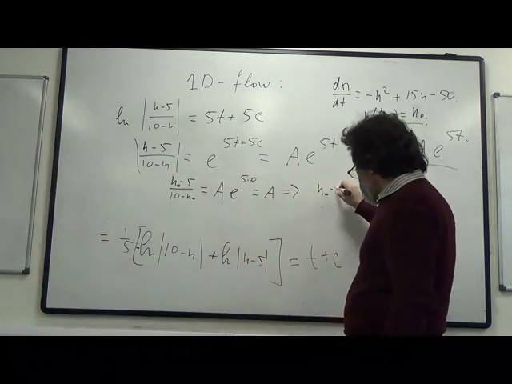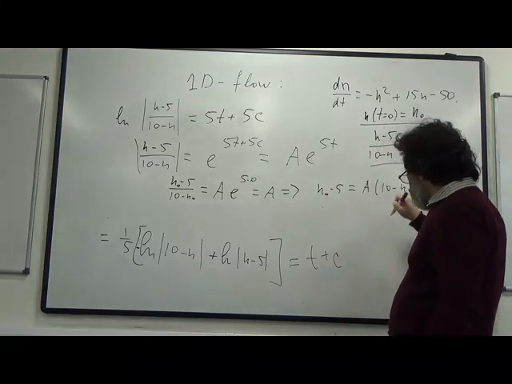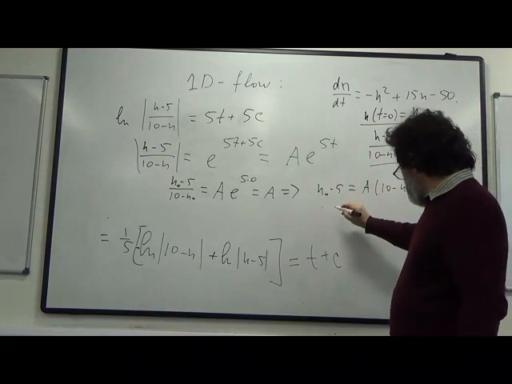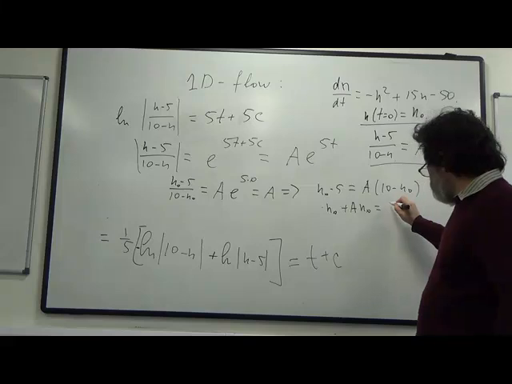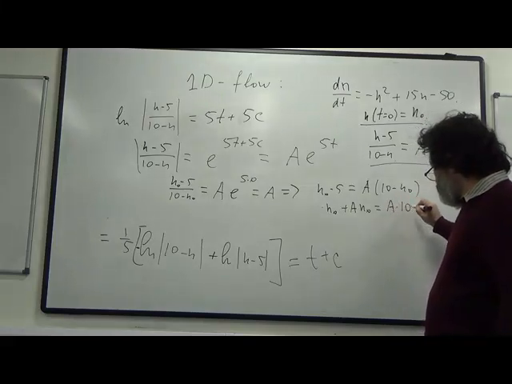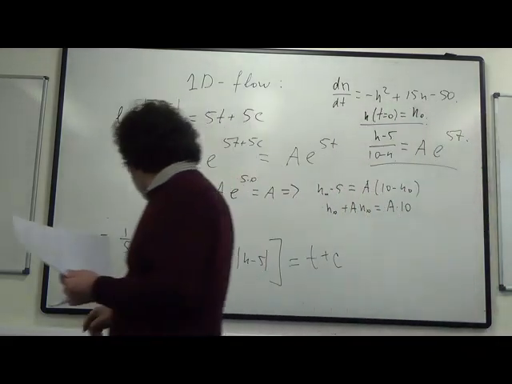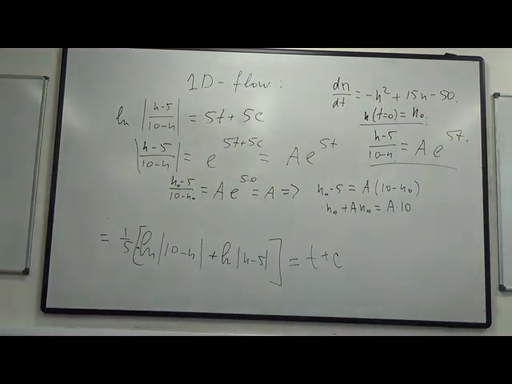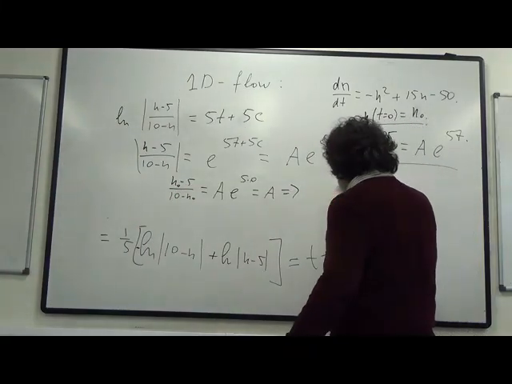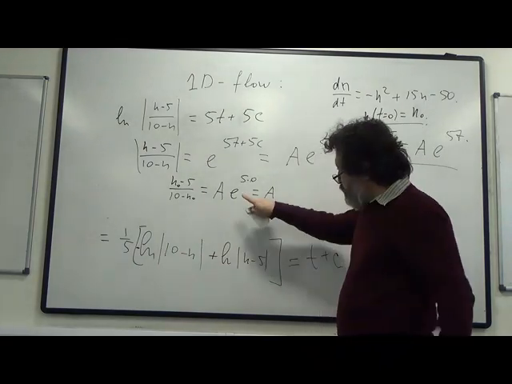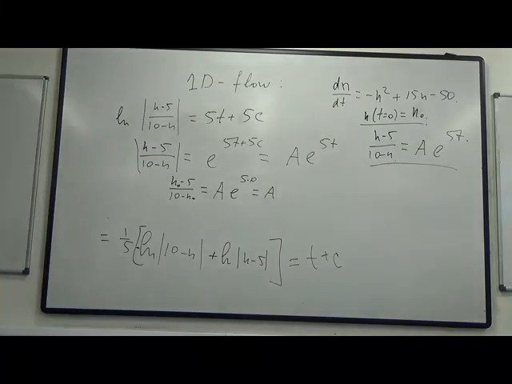So n naught minus 5 equals to a times 10 minus n naught, therefore n naught plus a n naught will be equal to a times 10. No. So we already found a. So this is a. A equals to n naught minus 5 over 10 minus n naught.